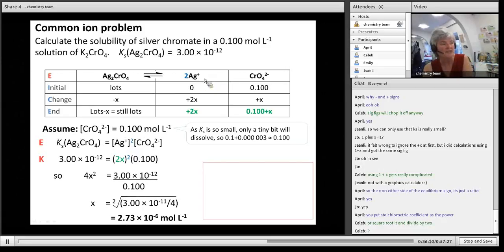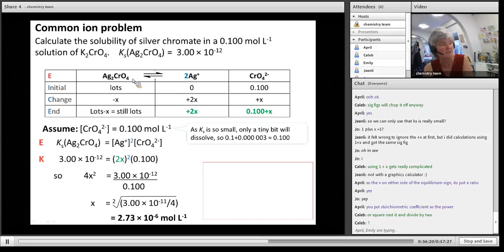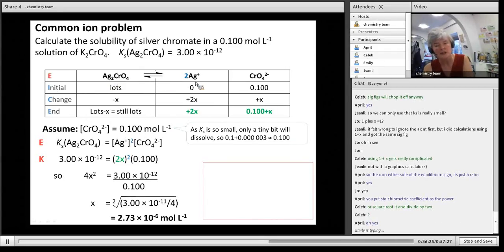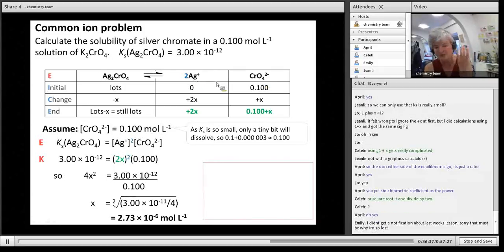Okay, so it's like Ag concentration times Ag concentration times chromate concentration, because I could write this equation as Ag2 chromate, so silver chromate is in equilibrium with Ag plus Ag plus chromate. So Ag plus Ag plus is 2Ag plus.